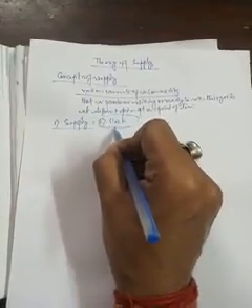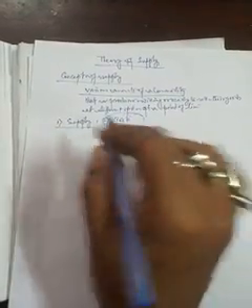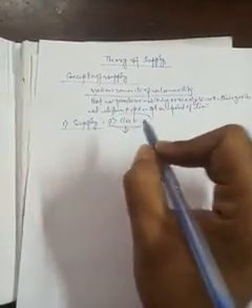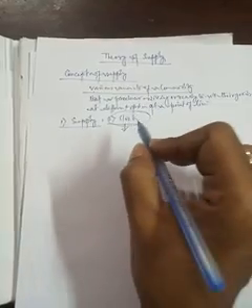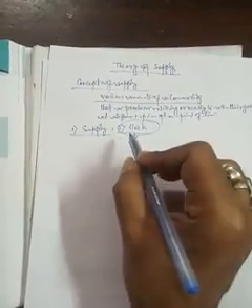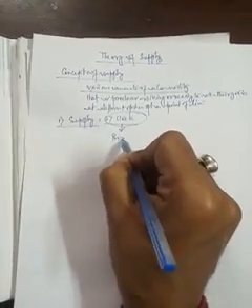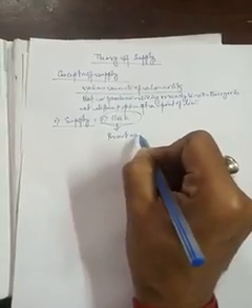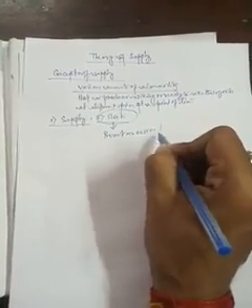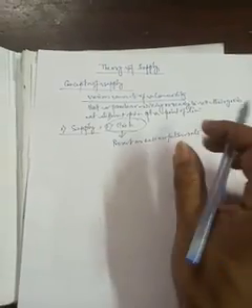Basically, stock means the amount of goods available in the producer's hands, not only for present but also for future sale.